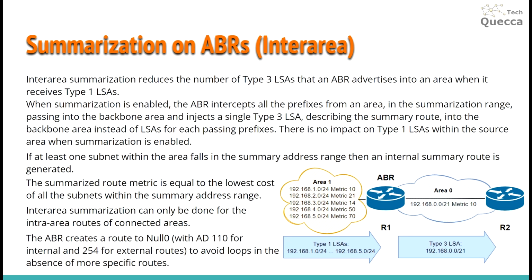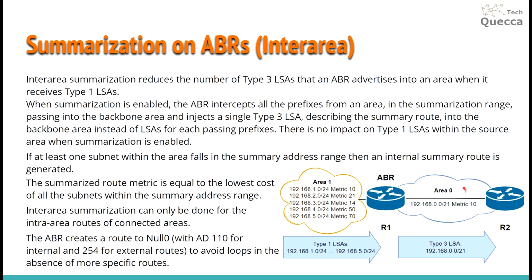Inter-area summarization reduces the number of type 3 LSAs that an ABR advertises into an area when it receives type 1 LSAs. In this example we have ABR R1 which is connected to two areas, area 0 and area 1, and it also has 5 subnets in area 1 connected to it. If there is no summarization configured on R1, then for each subnet, or for each type 1 LSA passing through R1, it will create a type 3 LSA.